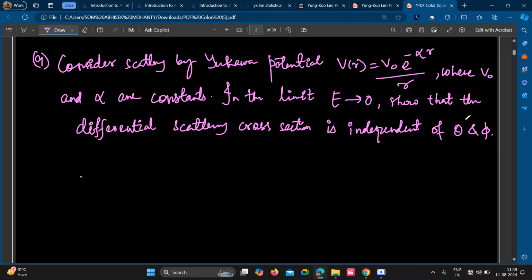Consider scattering by Yukawa potential V(r) is equal to V naught e to the minus alpha r by r, where V naught and alpha are constants. In the limit E tends to 0, so that the differential scattering cross section is independent of theta and phi.